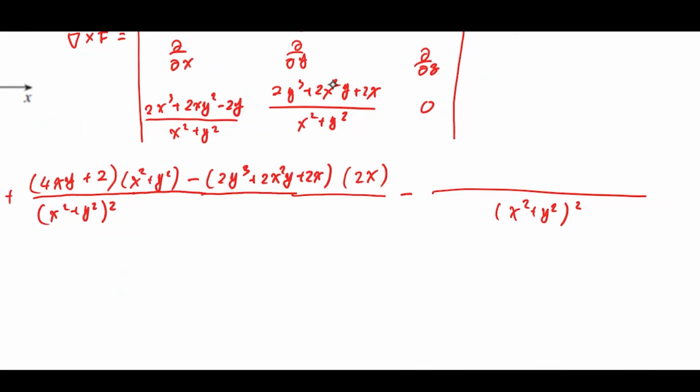So the derivative of the numerator this way with respect to y is 4xy minus 2. Good.